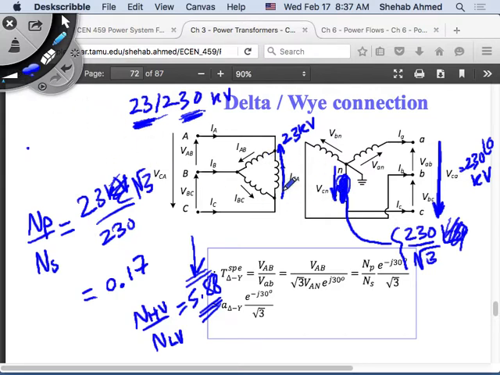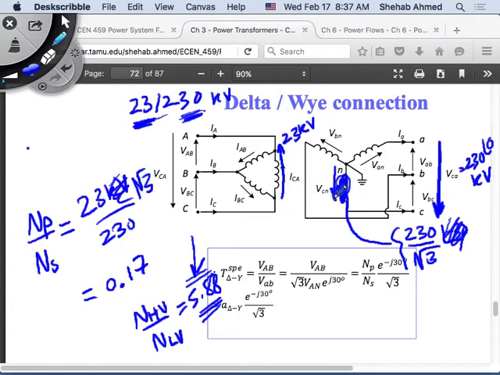That, you know, the physical turns ratio is the ratio of the voltage of the two windings that are on the same core. That is the physical turns ratio n primary over n secondary, given the primary here is a delta and the secondary is a star. Physical turns ratio n primary over n secondary is this voltage over the voltage of this winding.